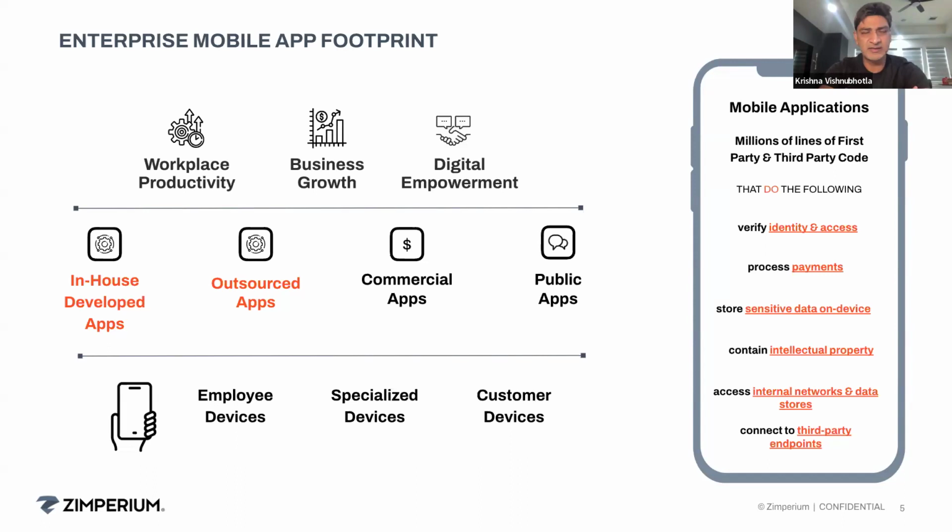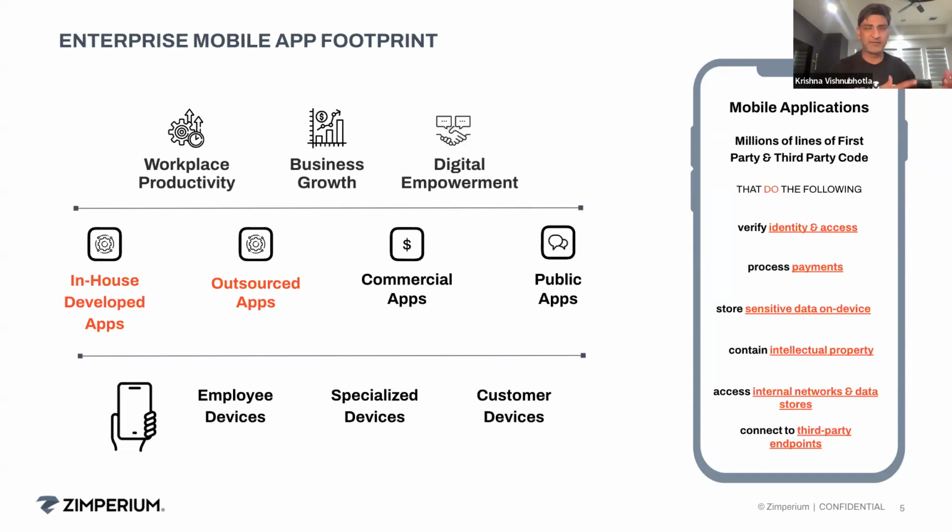Now, all these initiatives, when it comes to mobile apps, enterprises have embraced one of these four different types of applications. If you look at the two in orange, I have in-house developed apps, something we're all very familiar with. These are apps where the enterprises are building apps internally.